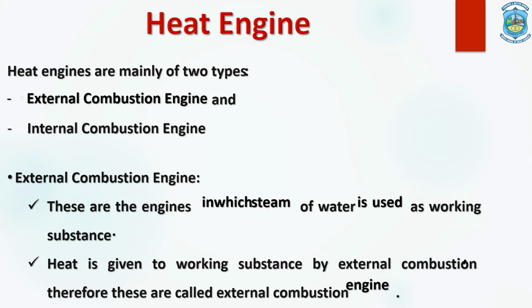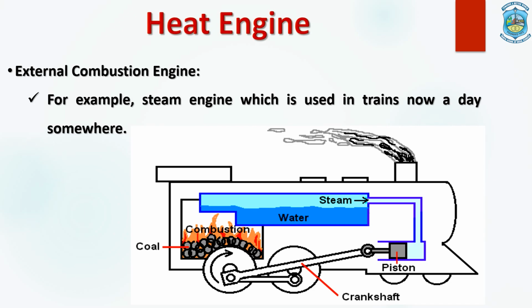An example of the external combustion engine is the steam engine. We all know that in ancient times the engines of our trains basically ran on this external combustion engine, in which we get steam from water by some burning process, and this steam actually moves our piston. Because of this motion of the piston, the wheels rotate and the engine goes forward. So this is what the external combustion engine is.